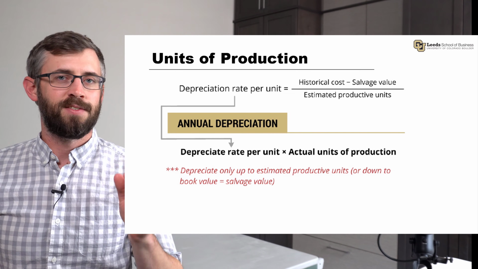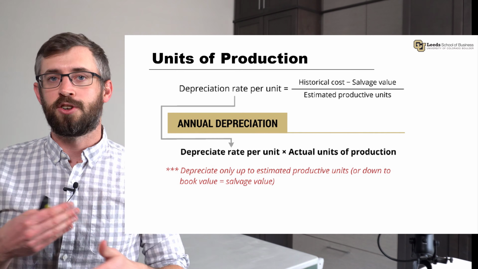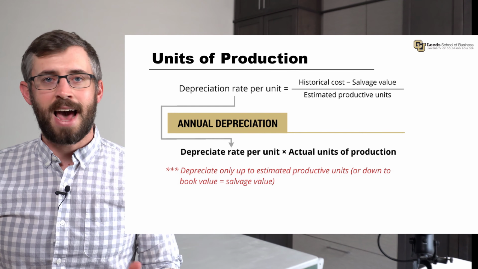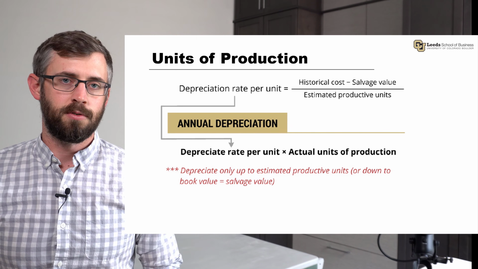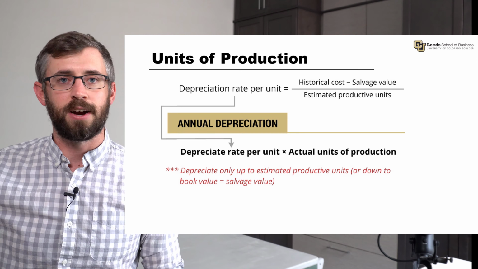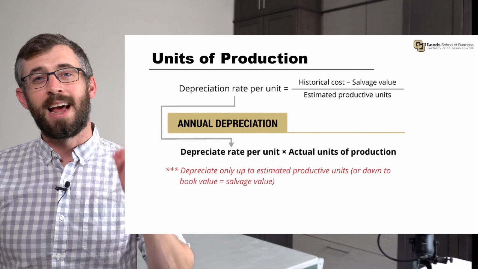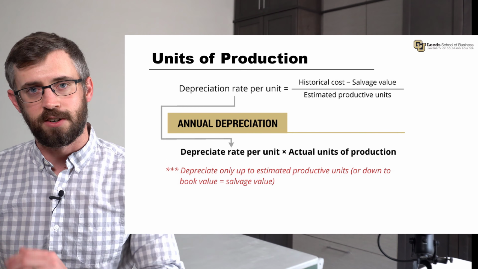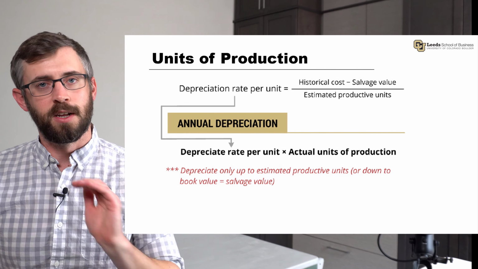That will give us a depreciation expense per unit. Then we're going to measure throughout the year how many units it produces and multiply that by the depreciation expense per unit to get our total annual depreciation expense. So this is going to vary year to year based on how many units the machine produces. Now we have to be careful that we don't depreciate this machine past its salvage value. So once we hit the salvage value, we stop the depreciation.